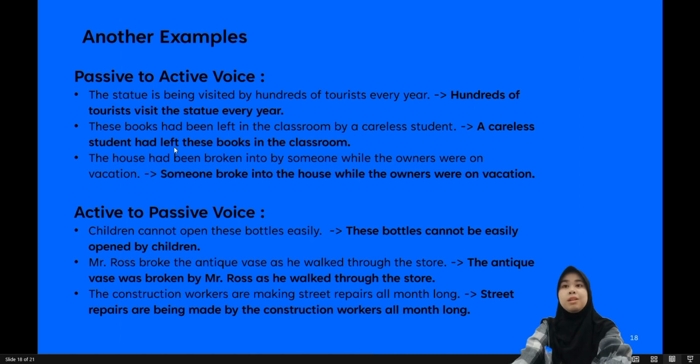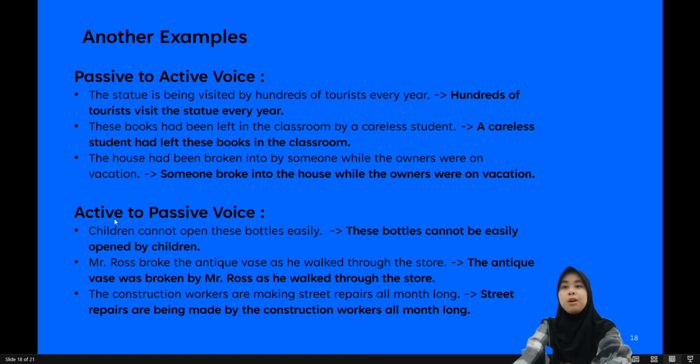The active voice: a careless student had left these books in the classroom. And then the passive voice: the house had been broken into by someone while the owners were on vacation. The active voice: someone broke into the house while the owners were on vacation.